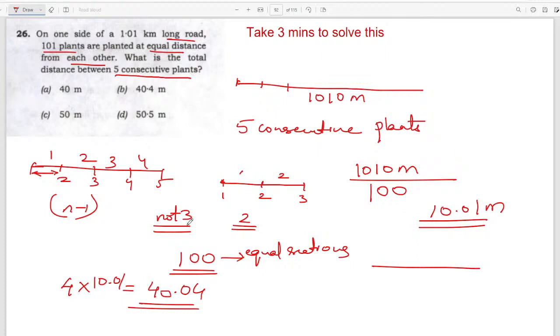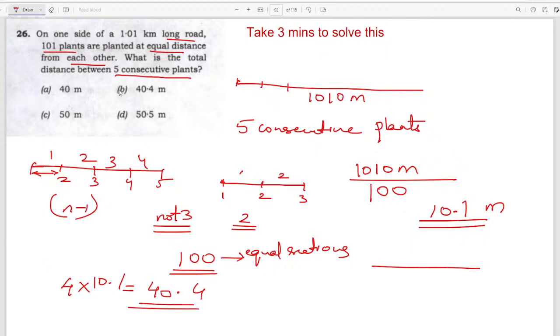Sorry, I made a mistake: this is 10.1, and this is 40.4.